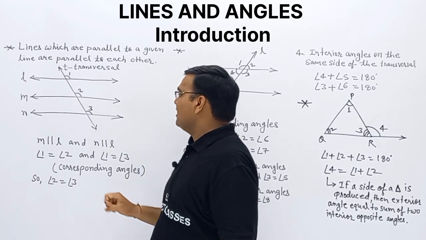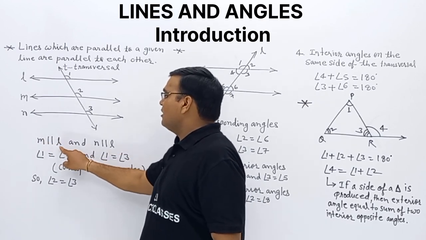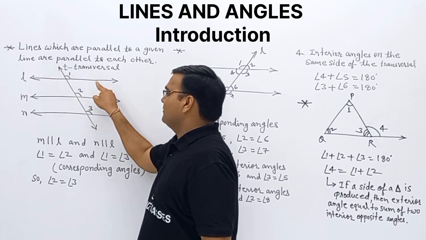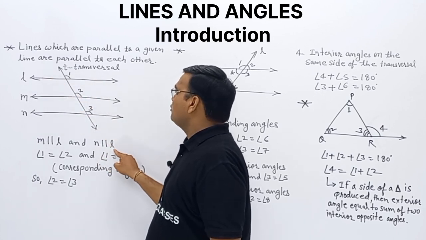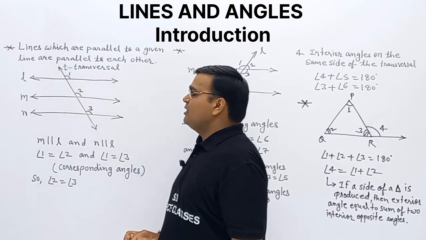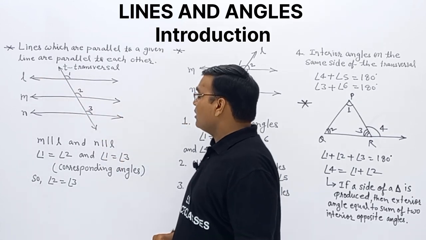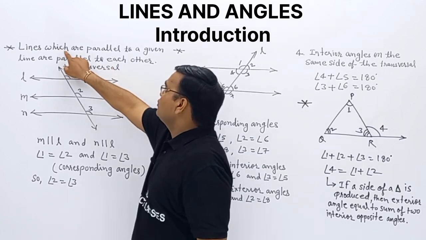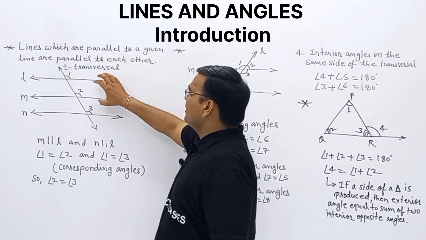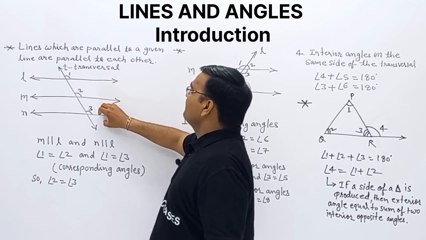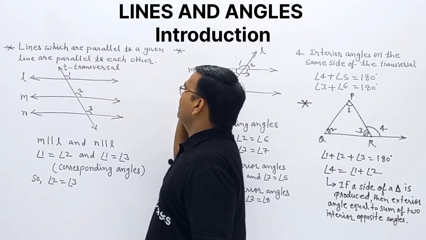Then what can we say? If M is parallel to L, and N is parallel to L, then we can say that lines which are parallel to a given line are parallel to each other.